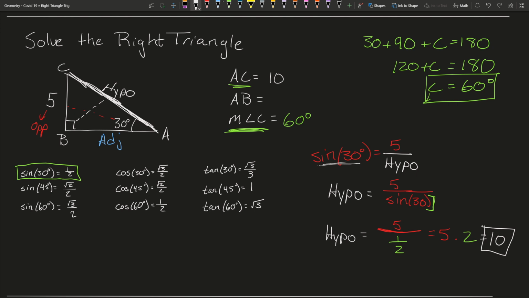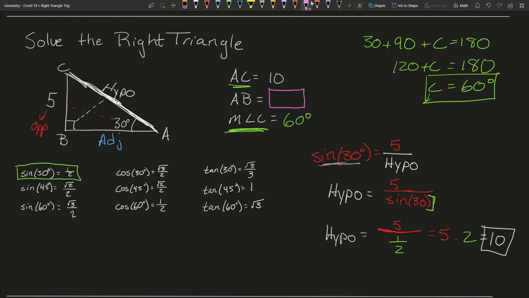Questions about that? All right. So then we have one side left over, and that's AB. There are two different ways you could get this.